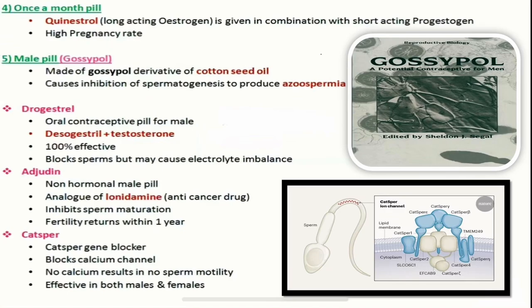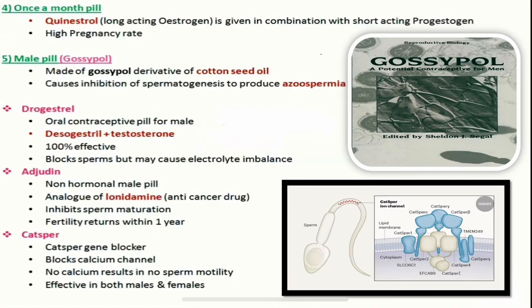It is an analog of lonidamine, an anti-cancer drug. This also inhibits sperm maturation. Fertility in cases of adjudin will return within 1 year. So we saw that with gossypol, 6 months of continuous usage can result in complete azoospermia, whereas with adjudin, fertility returns within 1 year.